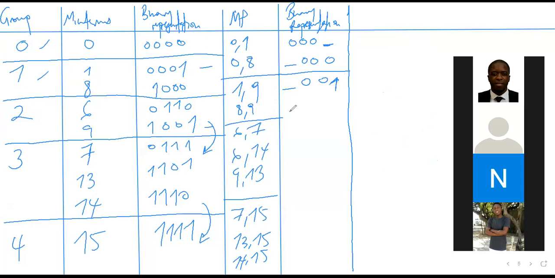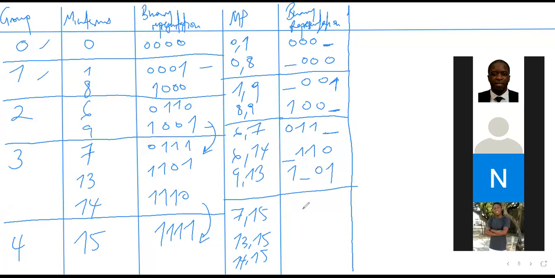8 and 9: 1, 0, 0, dash. We are done with this. Then we have 6 and 7: 0, 1, 1, dash. 6 and 14: dash, 1, 1, 0. 9 and 13: 1, dash, 0, 1.